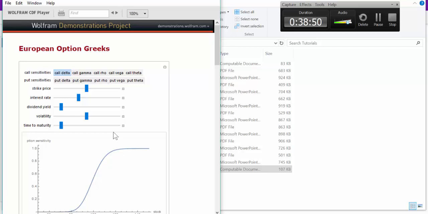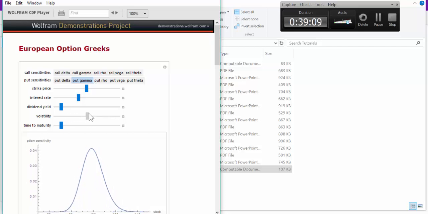We are talking about a put. What happens to the put gamma as your volatility goes up or down?